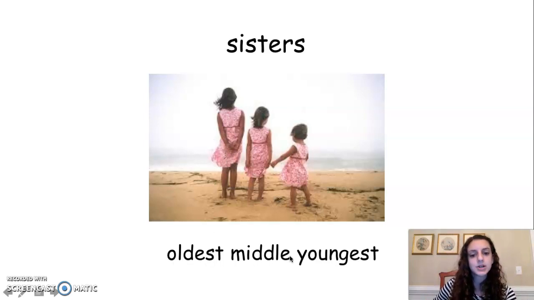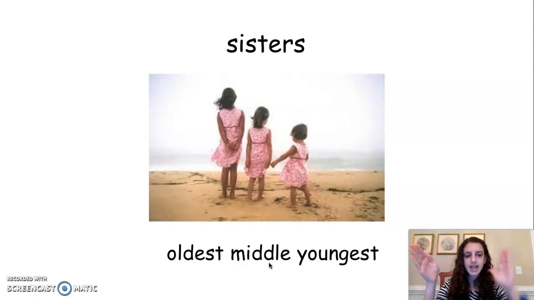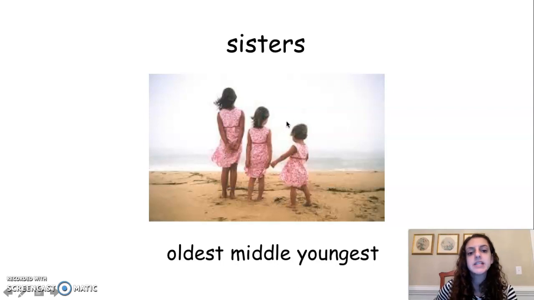The middle sister was born second, or in between the oldest and the youngest. She was born in the middle. Then we have the youngest sister. She was born last.